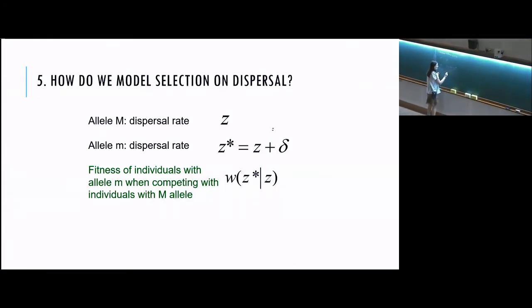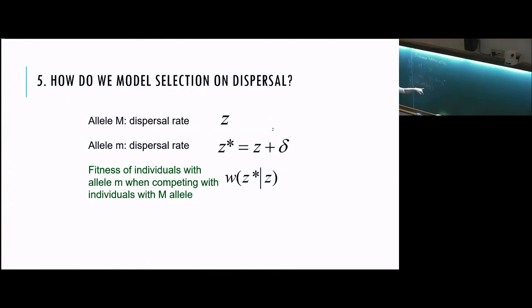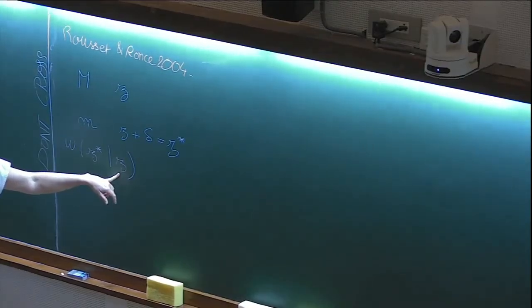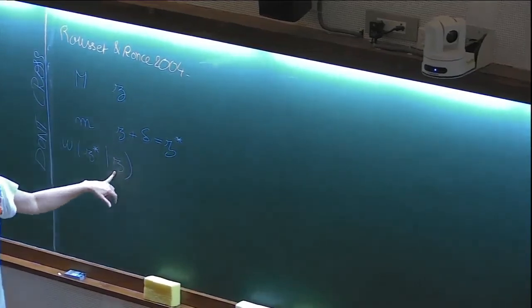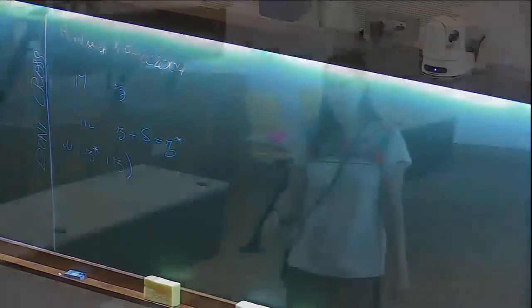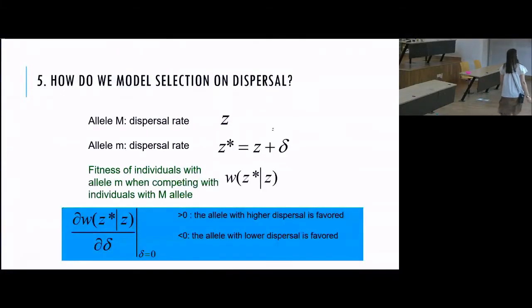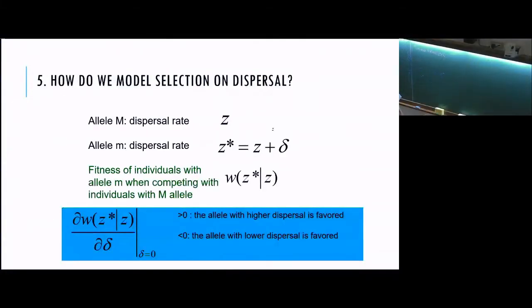So that's what I write like that. So this is the fitness of genotypes having dispersal rate Z star when they compete and when the dominant strategy and the most frequent strategy in the population is Z. So basically, the whole idea is that we want to know how dispersal rate evolves.